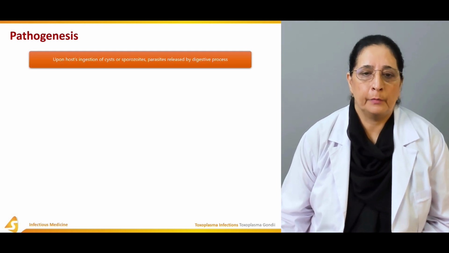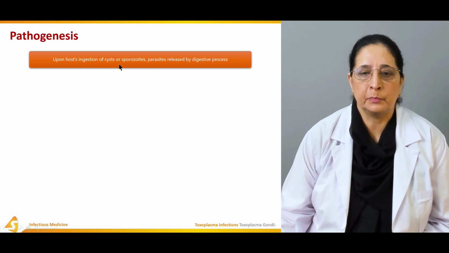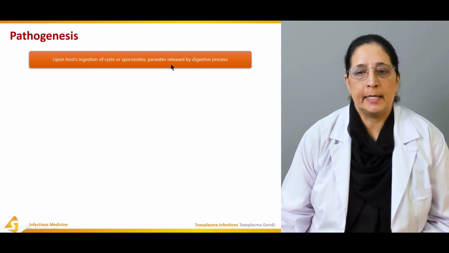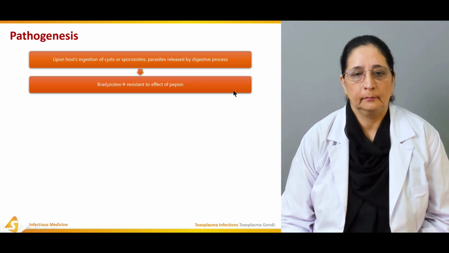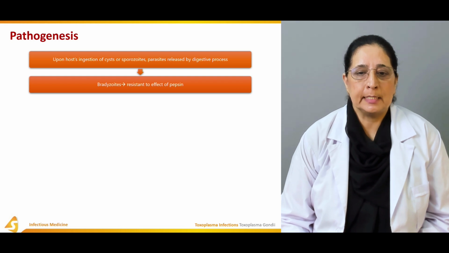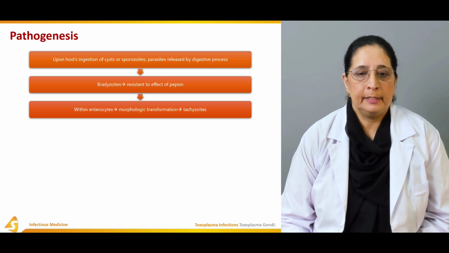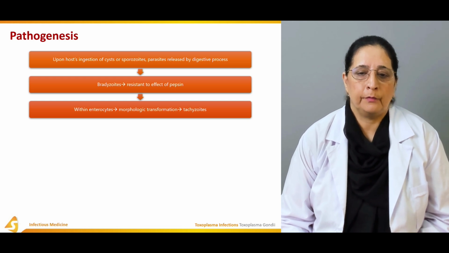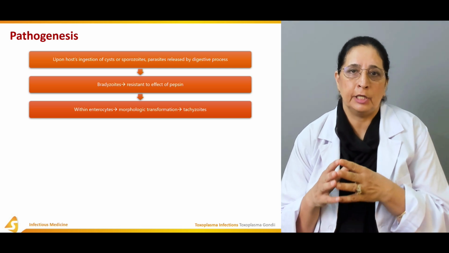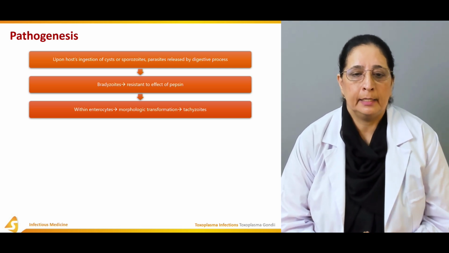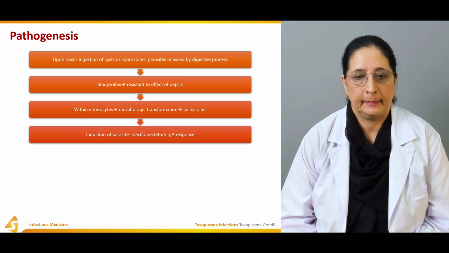Pathogenesis: upon host ingestion of cyst or sporozoites, parasites are released by the digestive process. Bradyzoites are resistant to the effect of pepsin. Within the enterocyte there is morphologic transformation, so bradyzoites can change to tachyzoites in the enterocyte cells of the intestine.